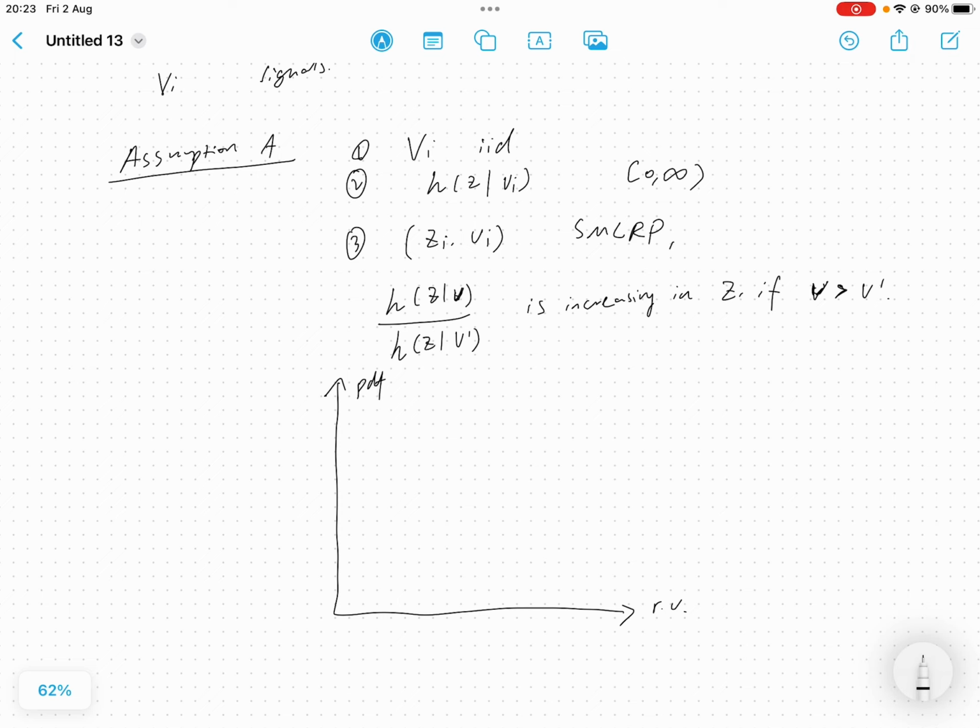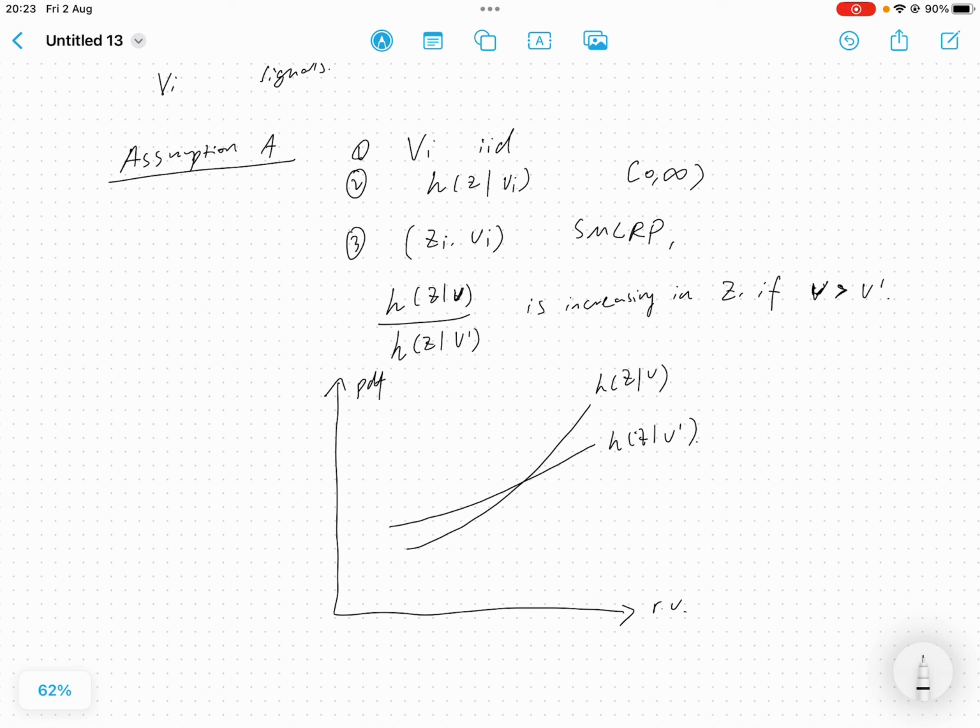Say we have some PDF like this, and we have something like this. For those two distributions, we can let the upper one be the one in the numerator and this one be the one in the denominator.